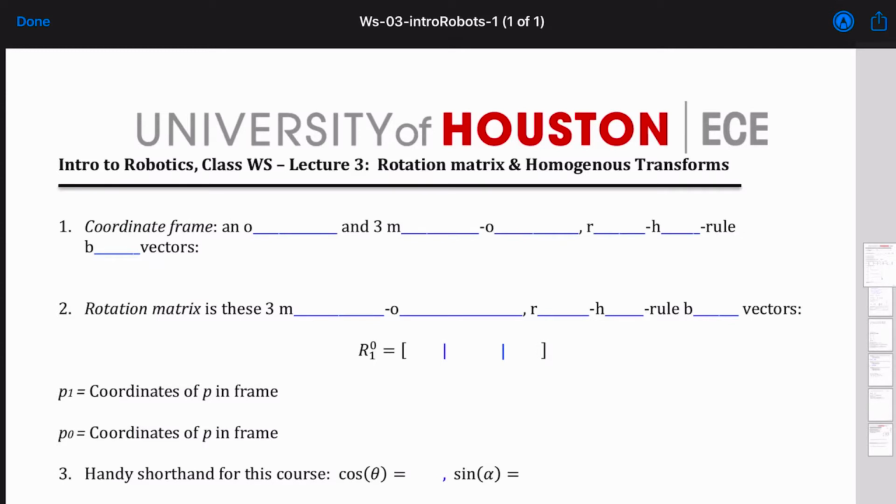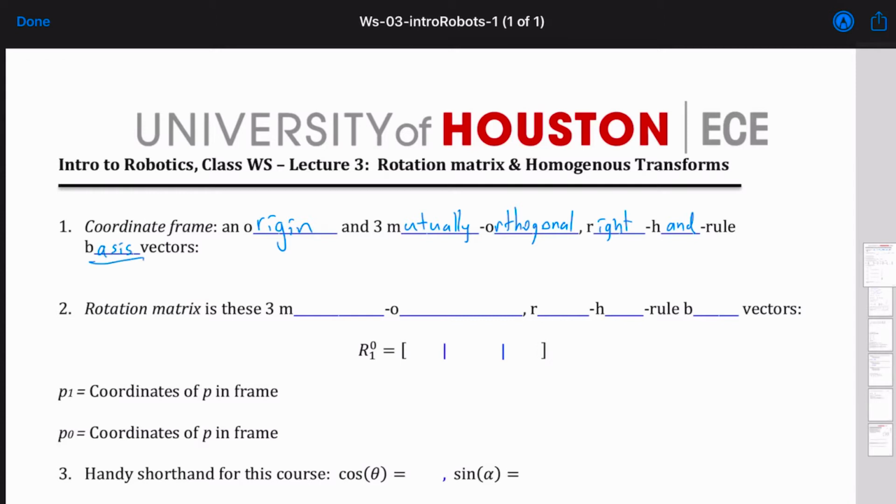If somebody talks about a coordinate frame, they are talking about both an origin and 3 mutually orthogonal vectors, because we're going to talk about where is the x, y, and z. And these are a little bit more than that because we're also excluding everything that's left hand. So we only care about the right hand rule basis vectors.